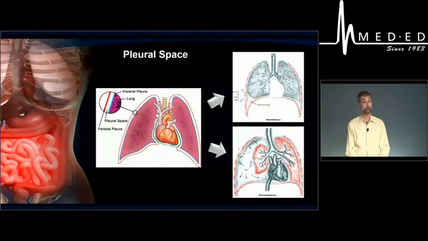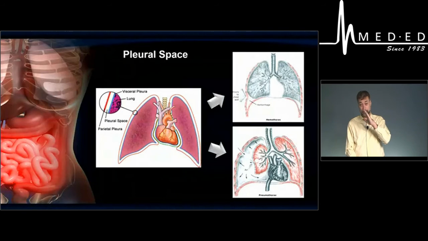Okay. Let's move on now from the heart to the pleural space. Remember, the pleural space is the potential space created around your lung, in between the visceral and the parietal pleura. The pleura is lining around the outside of the lung, and you have two pleura. If you look closely at the picture on the screen, on the left-hand side, you'll see an enlargement of the pleura.